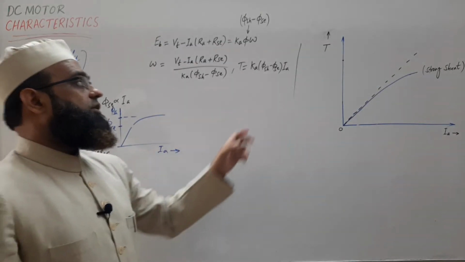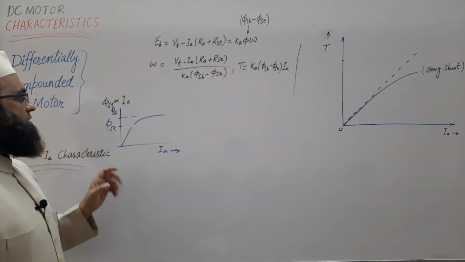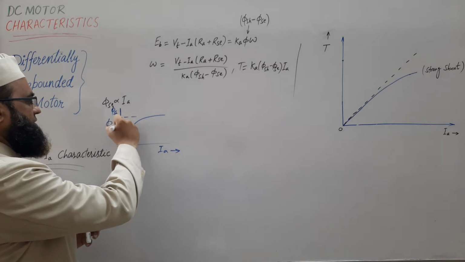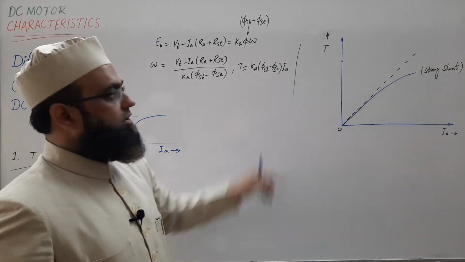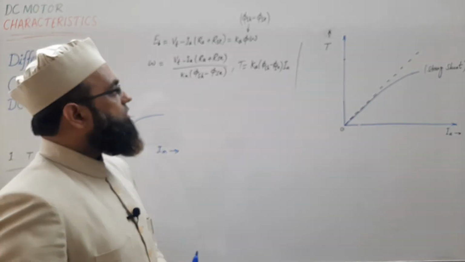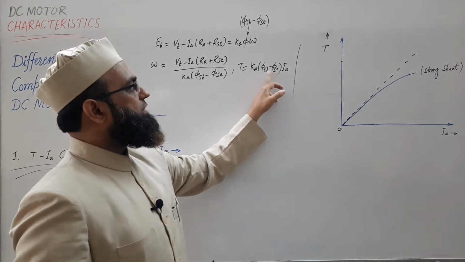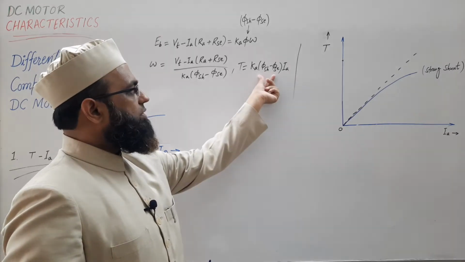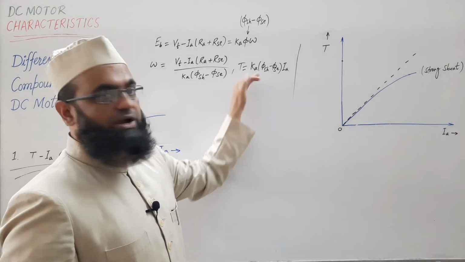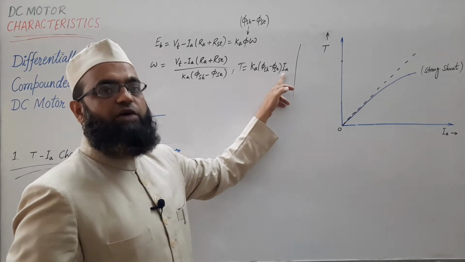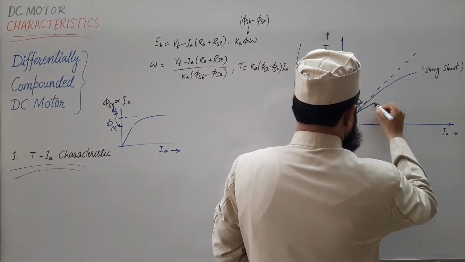What about weak shunt? When number of turns of the shunt field windings are less, so that phi SH lies somewhere here below the saturated value of phi SE. Then a time will come when this phi SE will be equal to phi SH and even more than this. Means initially slope is positive, then it will become 0, then it may become negative if we are going to increase the value of IA, like this.